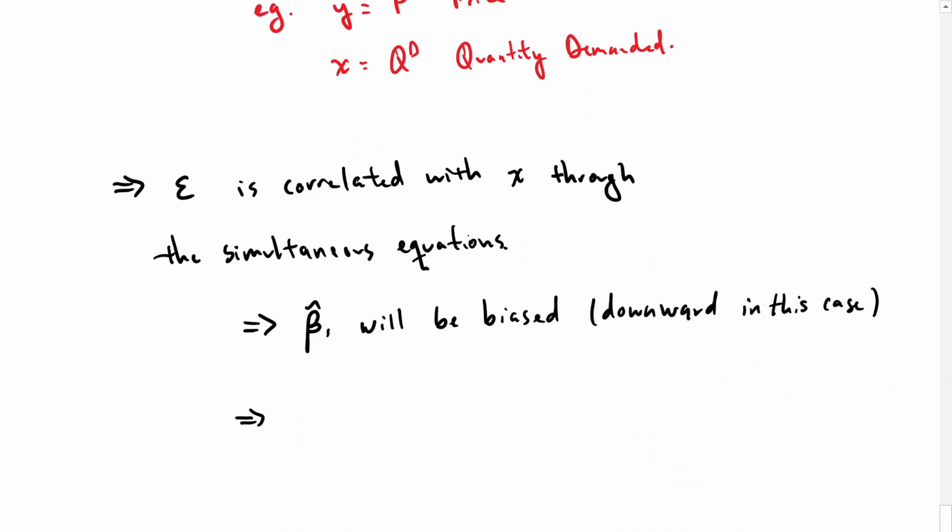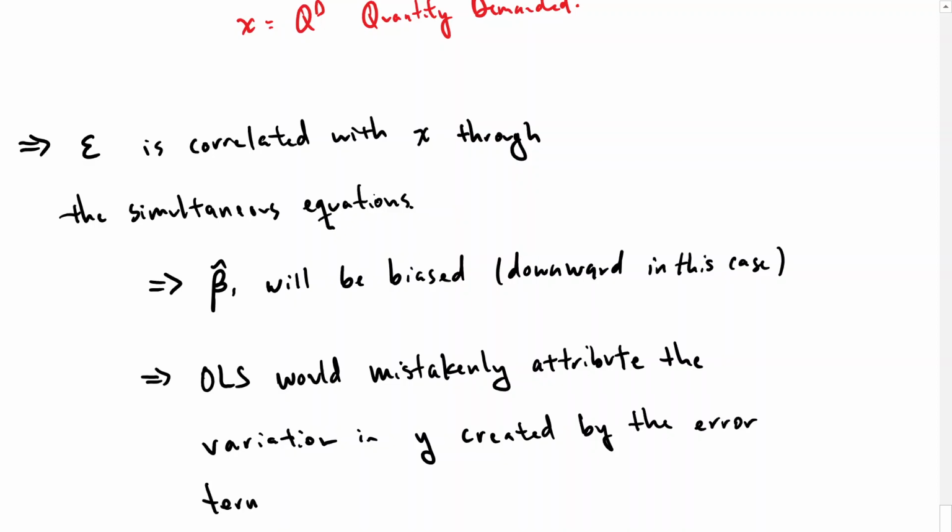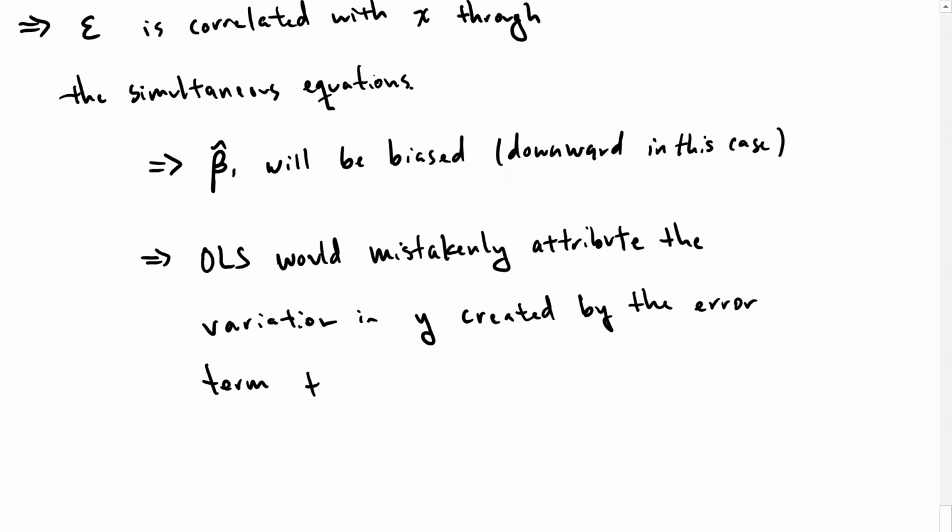To clarify, that's going to mean that OLS, ordinary least squares, would mistakenly attribute the variation in y, little y, created by the error term, ultimately the shock to the error term, and it's going to mistakenly attribute that to have been caused by x.